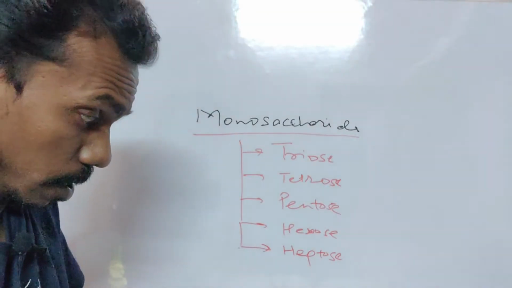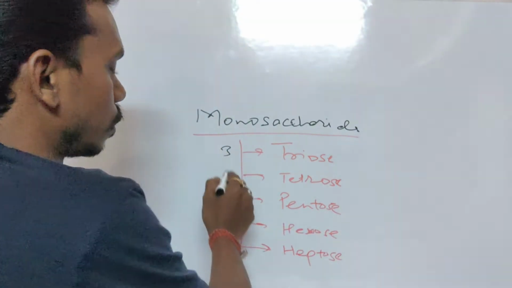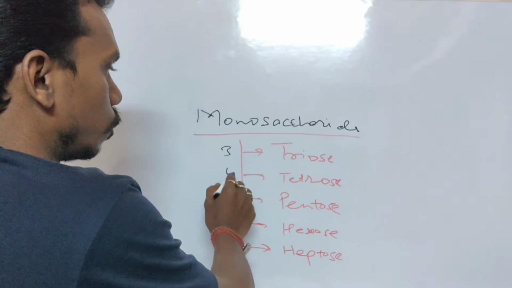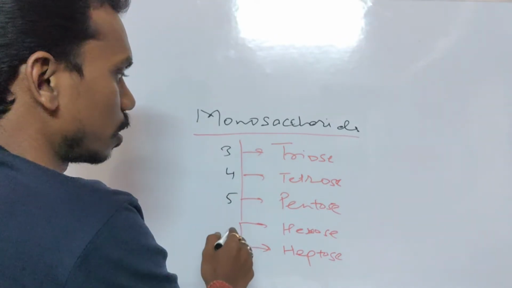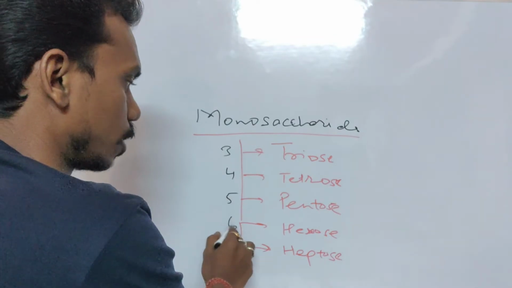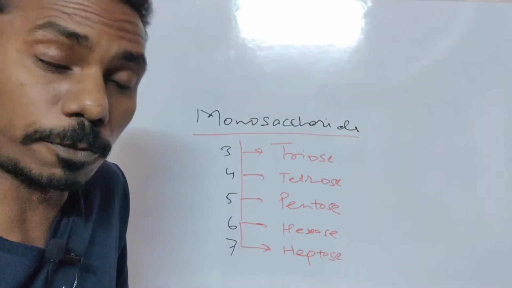See, 3 carbon containing monosaccharide is triose, 4 carbon containing monosaccharide is tetrose, 5 carbon monosaccharide is pentose, 6 carbon containing monosaccharide is hexose, and 7 carbon containing monosaccharide is heptose.